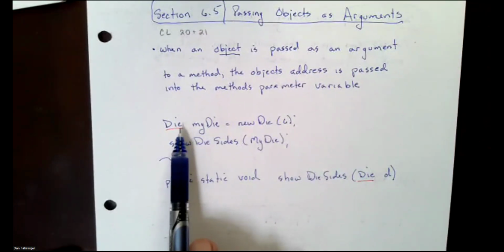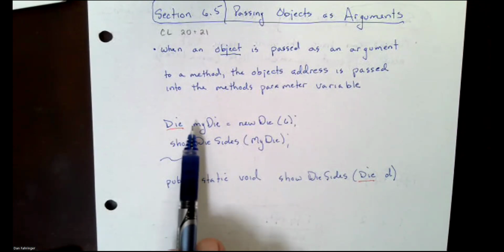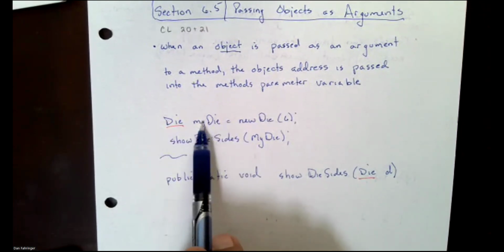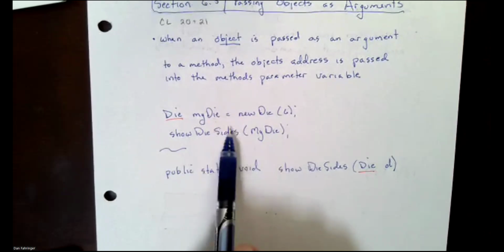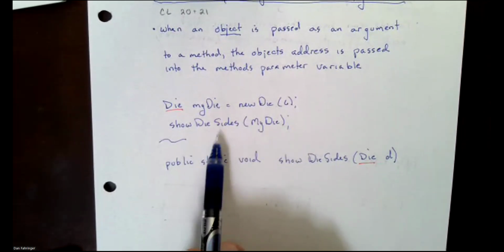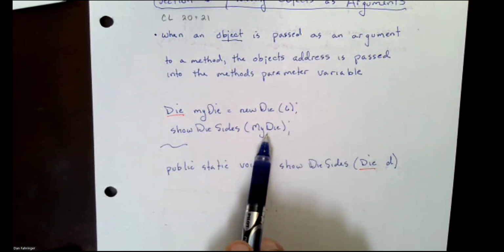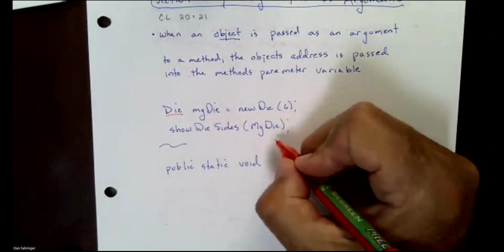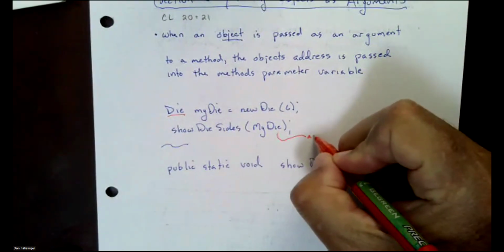Here we go. I have a class named Die. So this is a data type. My die, whatever goes along with it, I don't know, this could be the number of sides and on and on. But here I am passing it in. I am passing in the address.